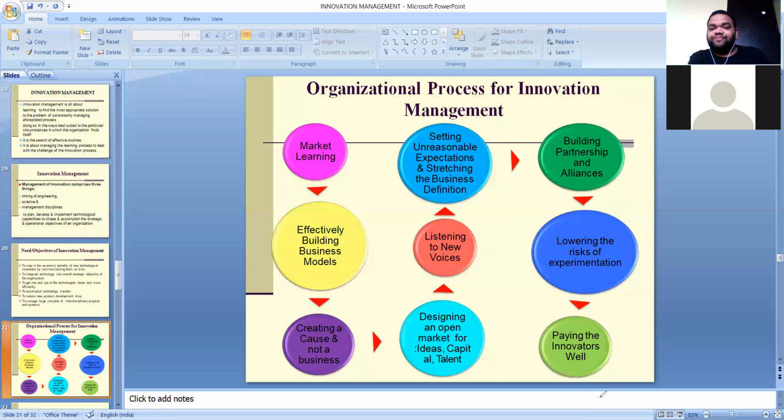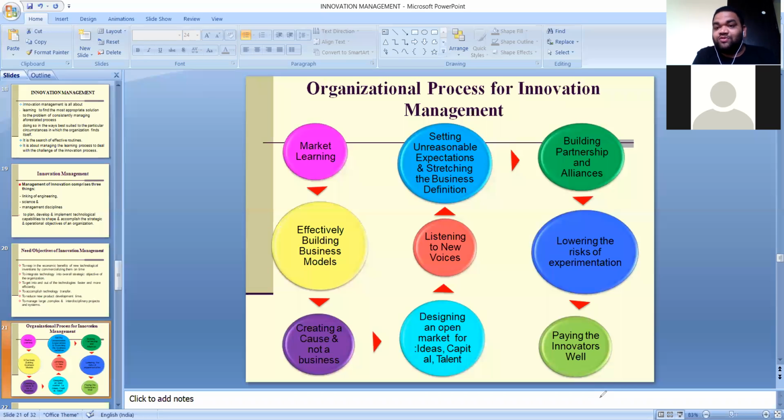Now the next, the sixth one, has a different term: setting unreasonable expectations and stretching the business definition. You can underline that. In business we always set objectives which can be defined.